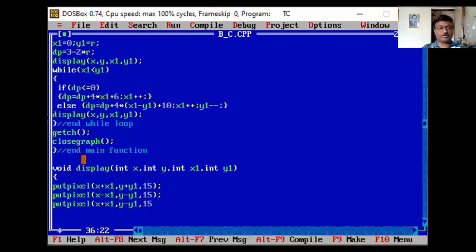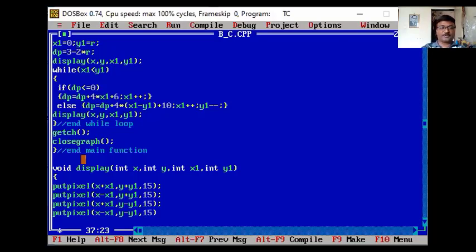In the previous one I considered plus plus, so here just consider plus and minus. Then putpixel with both minus, x minus x1, y minus y1. So you have to call it 4 times.